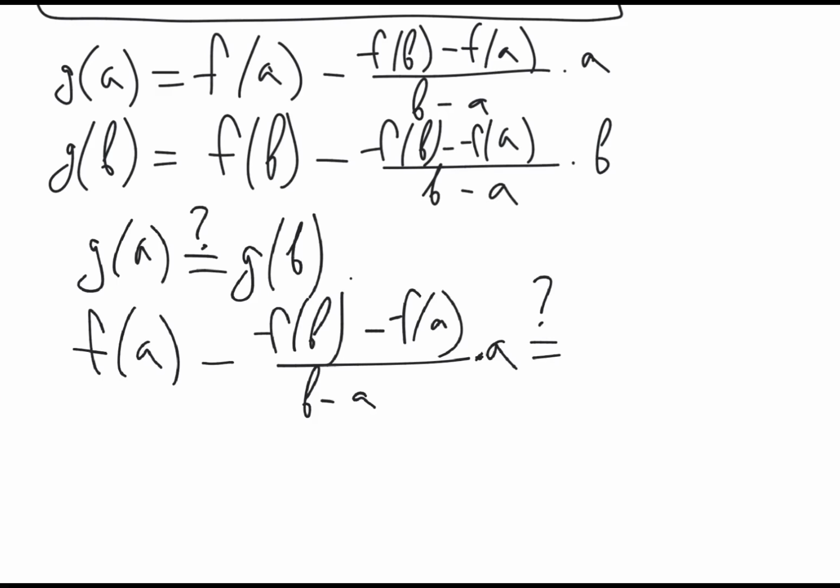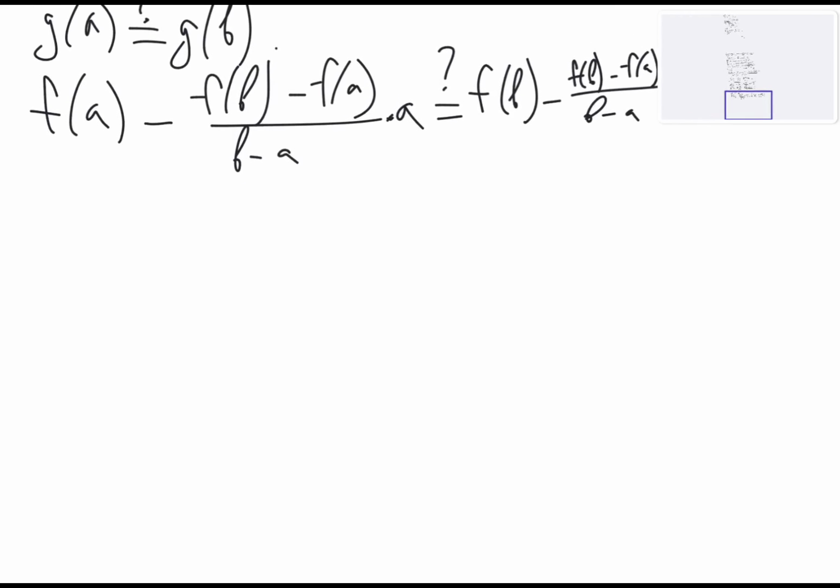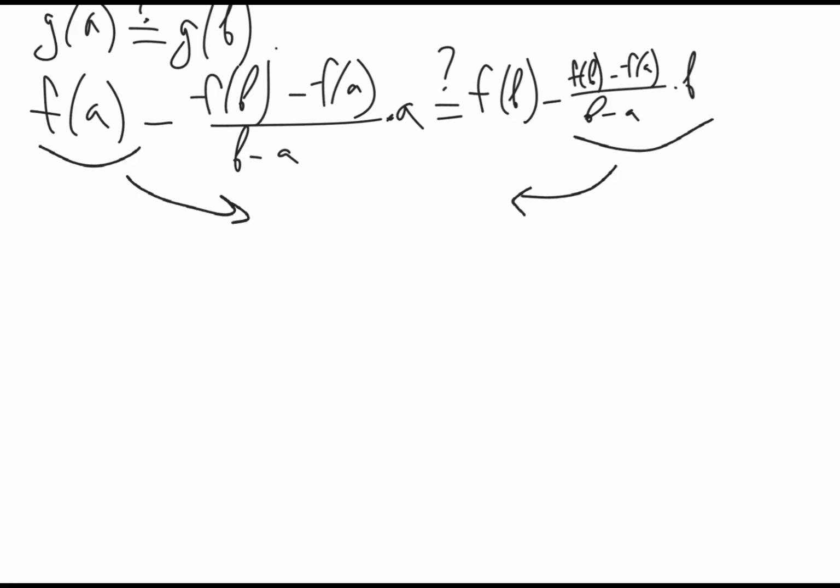We don't know that it's equal, but we want to check if it's equal. f of b minus f of b minus f of a over b minus a multiplied by b. So now we move f of a to the right hand side and this term to the left hand side.